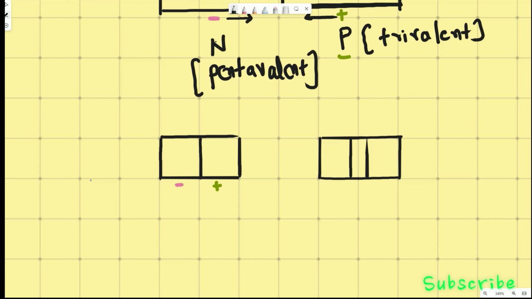The electrons that move towards the right leave behind, if you remember, the N side has a lot of donors, so it leaves behind a lot of positive ions, which are phosphorus positive ions. Okay, and then the other side has the boron negative ions.